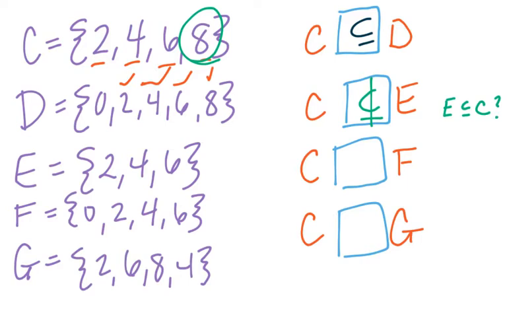That is true because every element in E is in C. So this is true. But if I did the other way around and said C compared to E, C is not a subset of E.